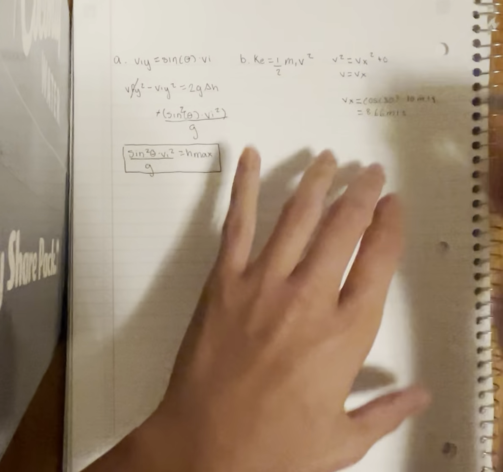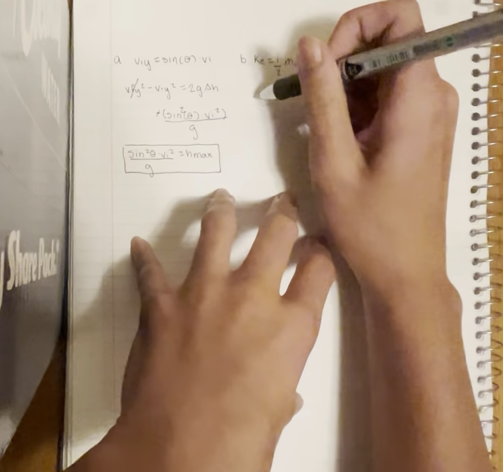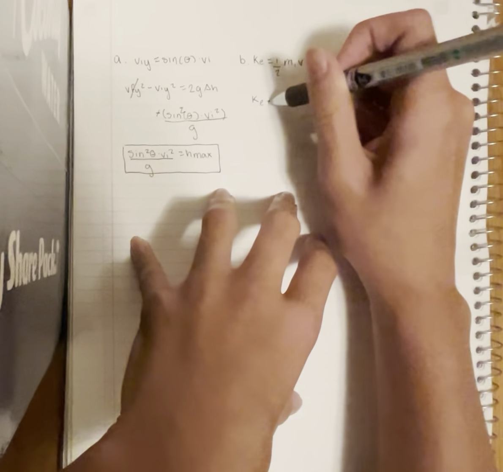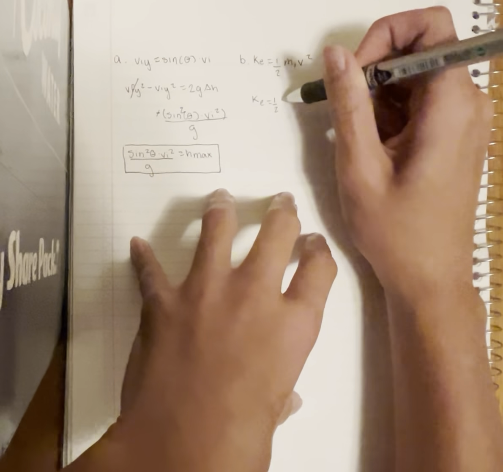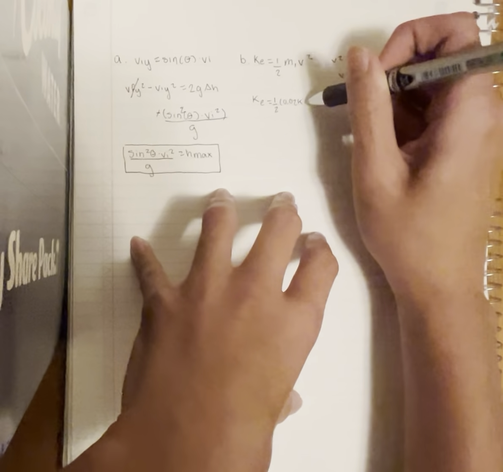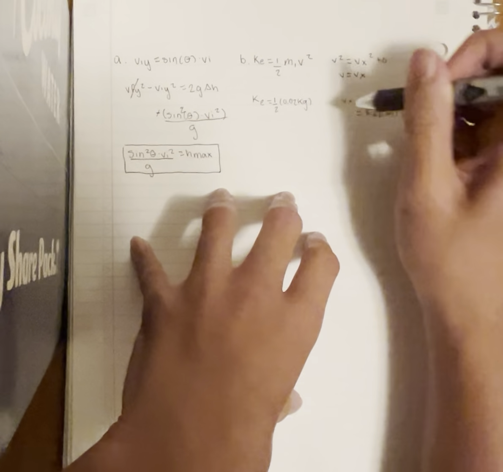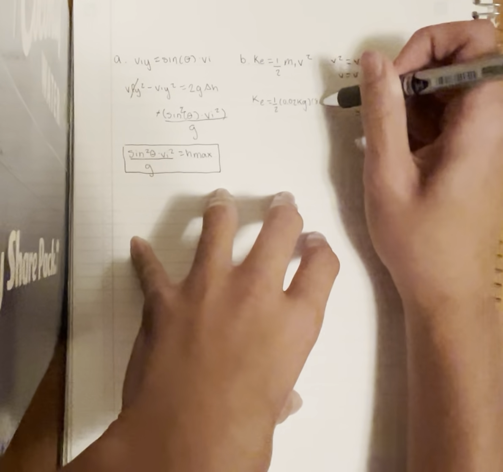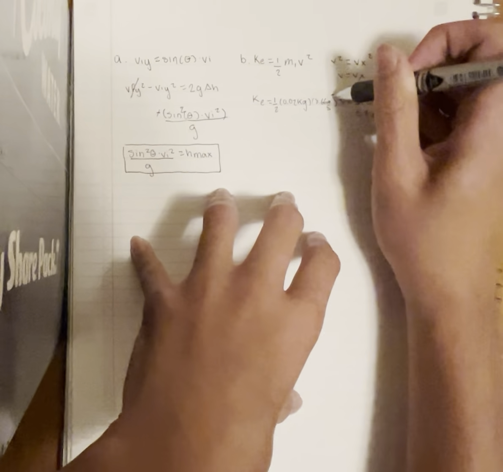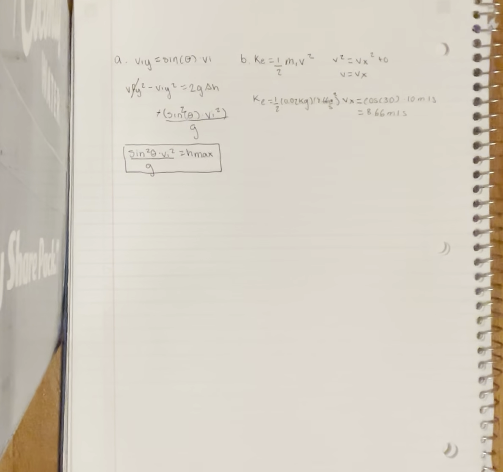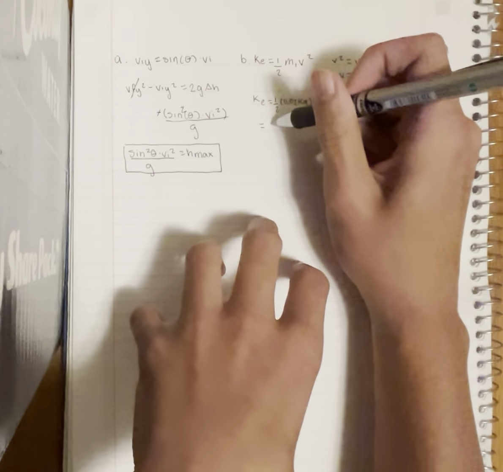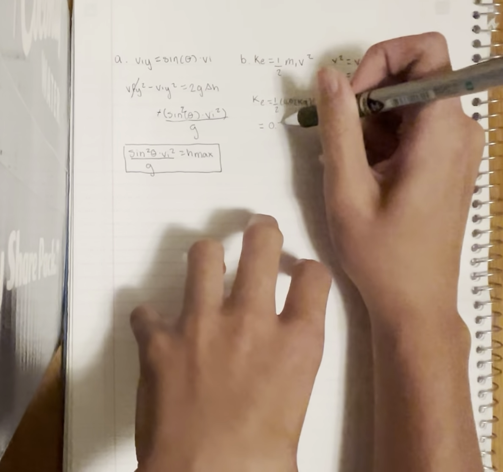Okay, and then we just plug in: KE is equal to 1/2 times 0.02 kilograms times 8.66 meters per second, squared. And that comes out to 0.75 joules.